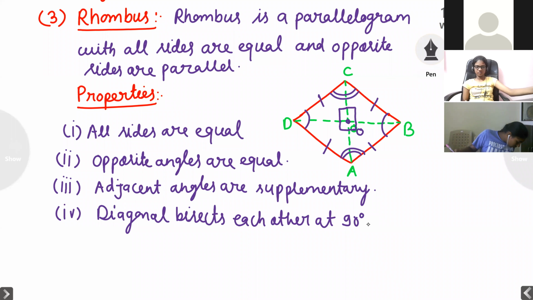All sides are equal, opposite angles are equal, adjacent angles are supplementary, diagonals bisect each other at 90 degrees.